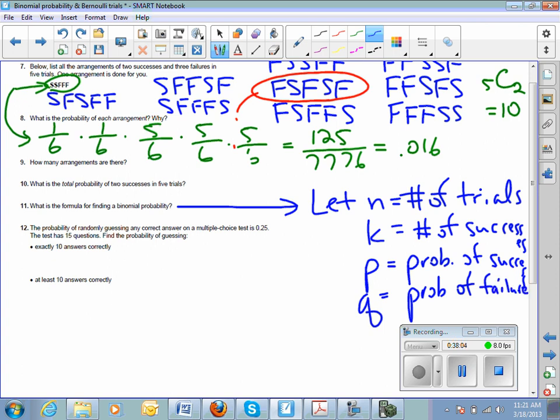And we know, of course, that Q is equal to 1 minus P, because we only have 2 possible outcomes. So the probability of one of those is P, and the probability of the other is 1 minus P. All right, so let's go back to the method that we were just using and see if we could state, using these variables, what that formula should be.